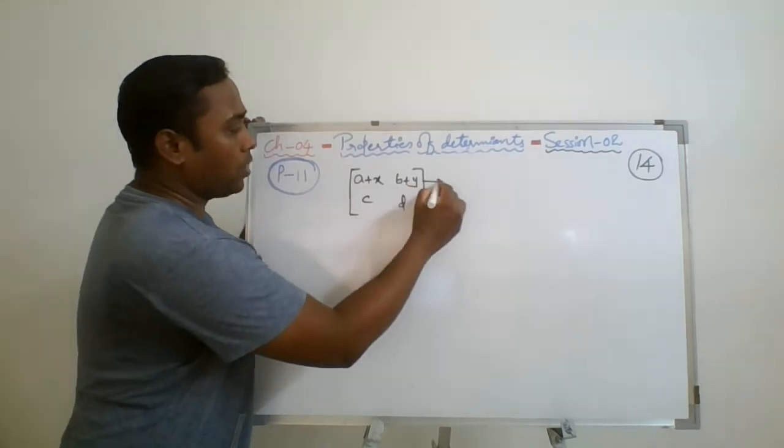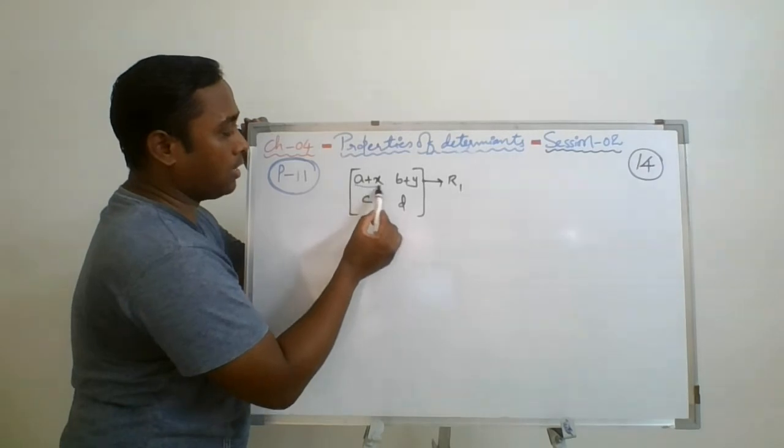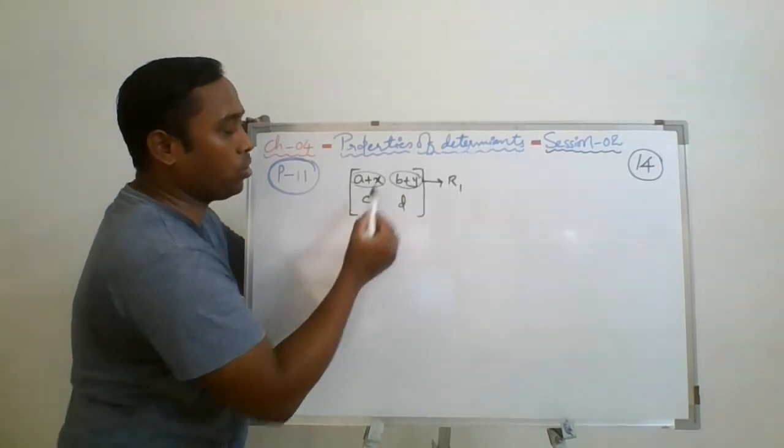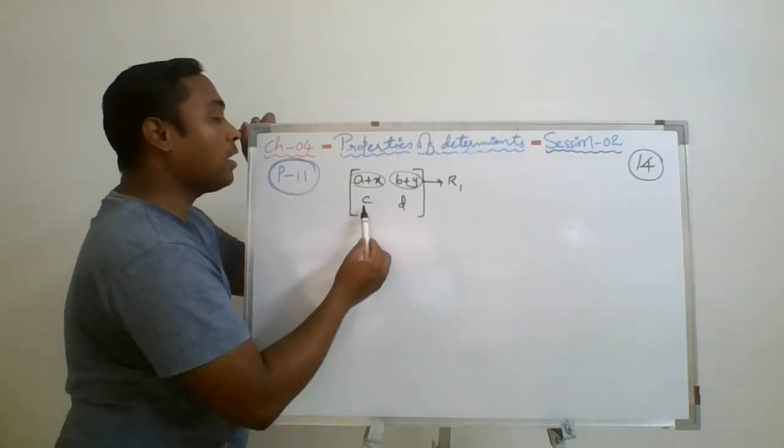If you observe, the row 1 elements are expressible as a sum of two variables.